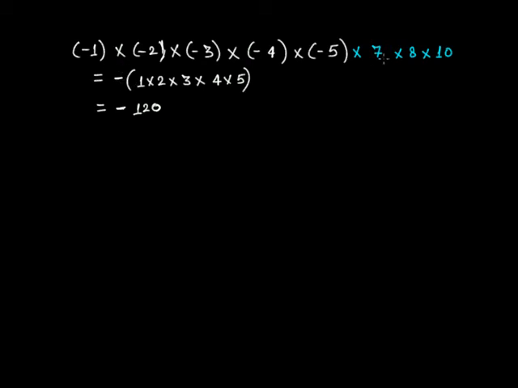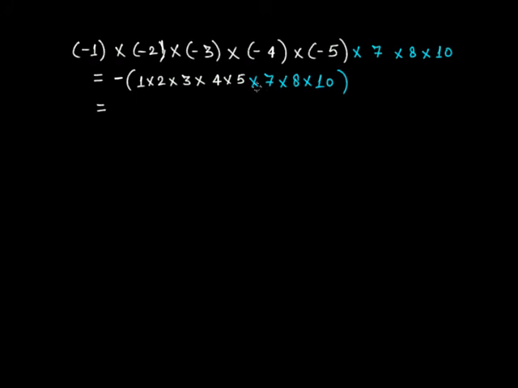And in this case, since you now have 7, 8 and 10, just expand your bracket. So this will be times 7 times 8 times 10. This will not be the answer yet.